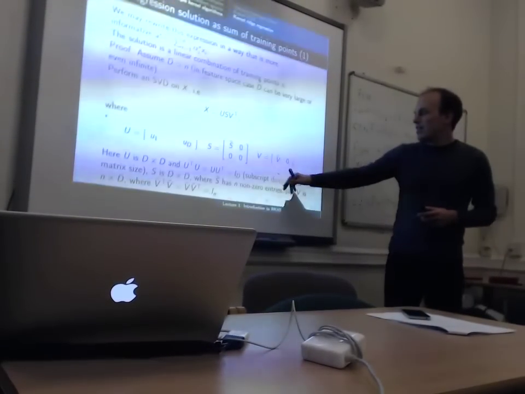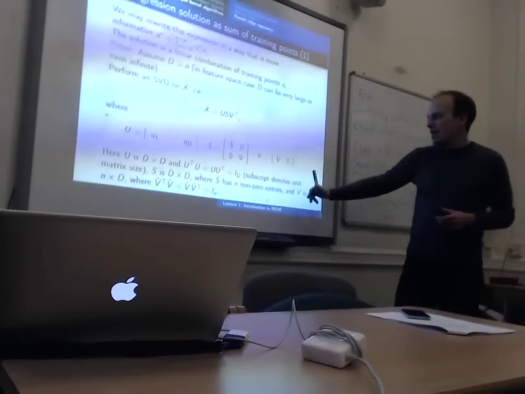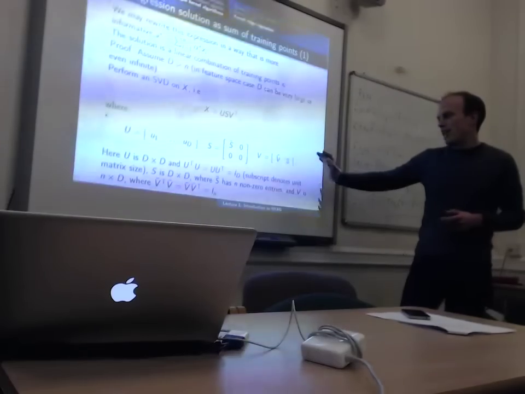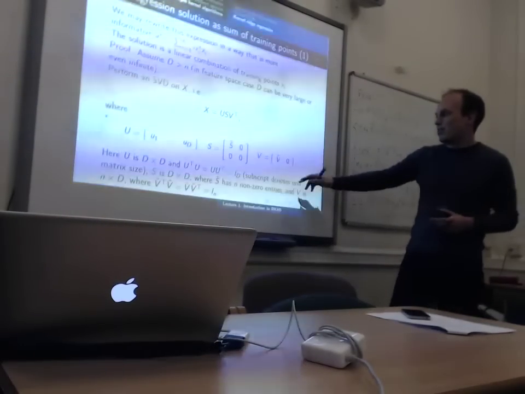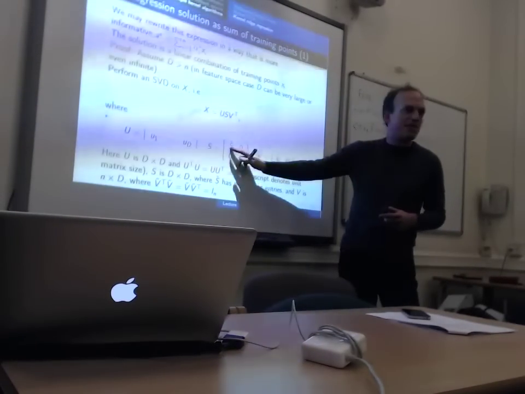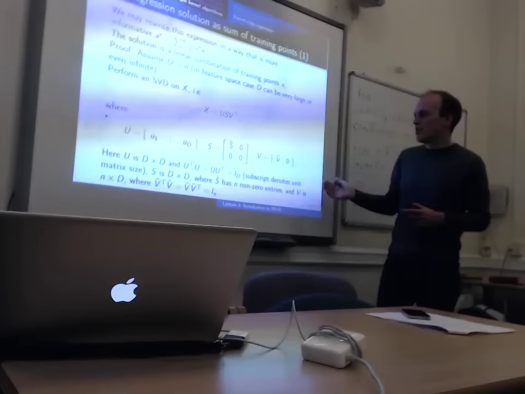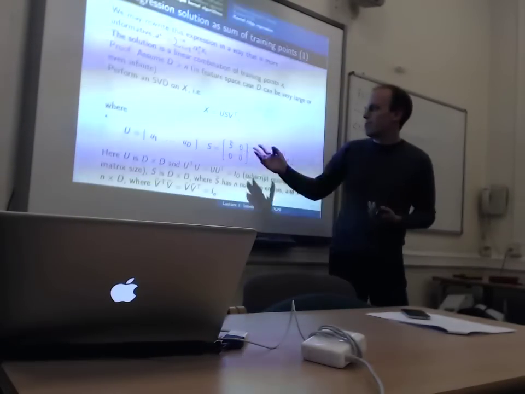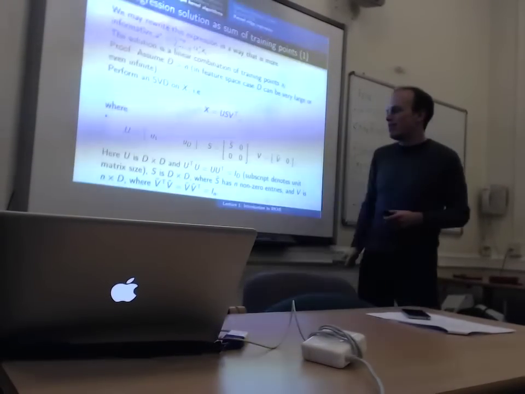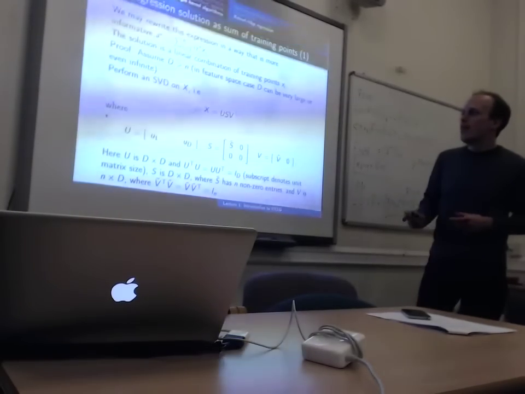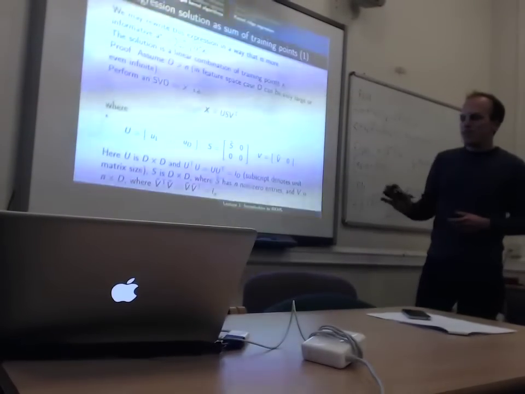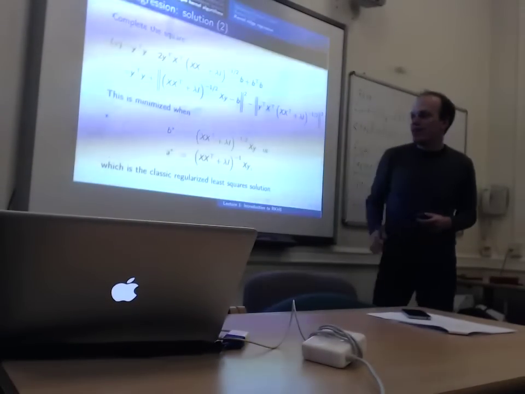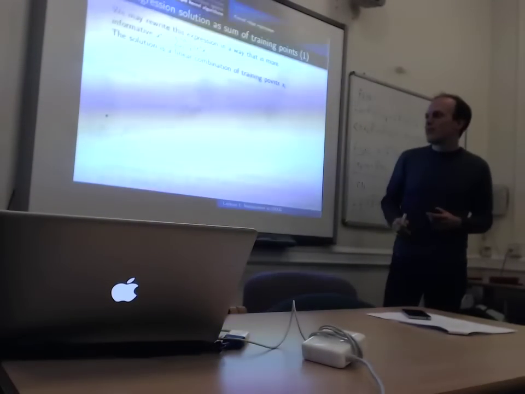Then this V here is going to contain in its first columns the singular vectors corresponding to the non-zero singular values here, and then everything else is going to be zeros, okay? So this is my singular value decomposition, okay? If I use this singular value decomposition and plug it into this expression here, then I'm going to get the answer that I want, okay?